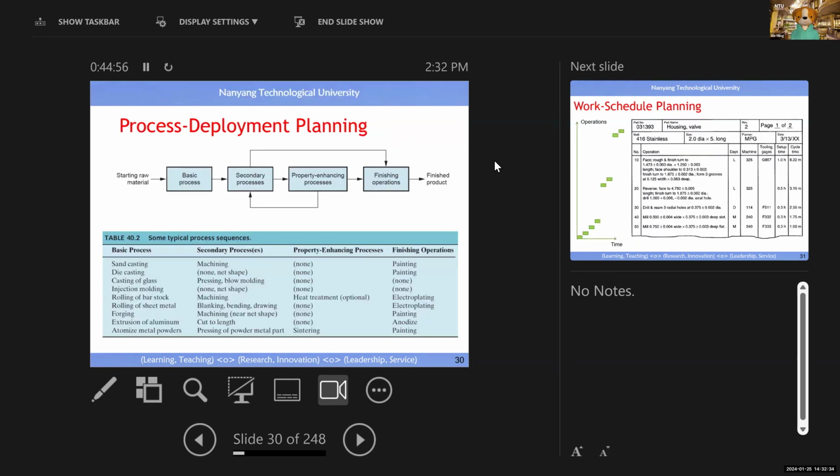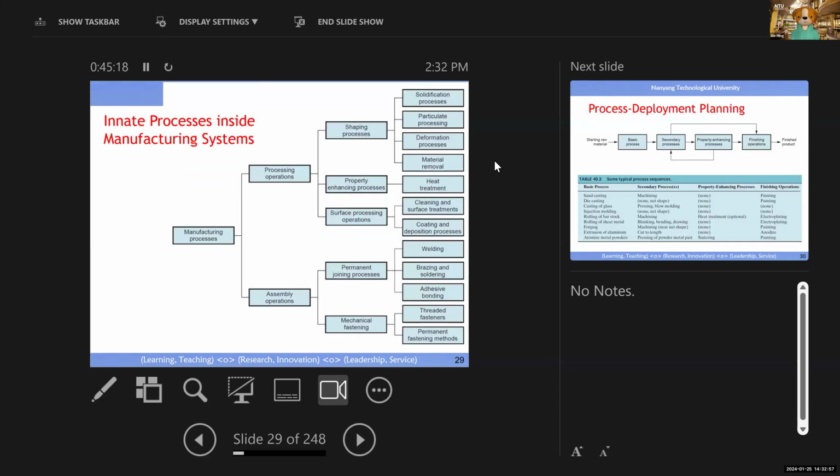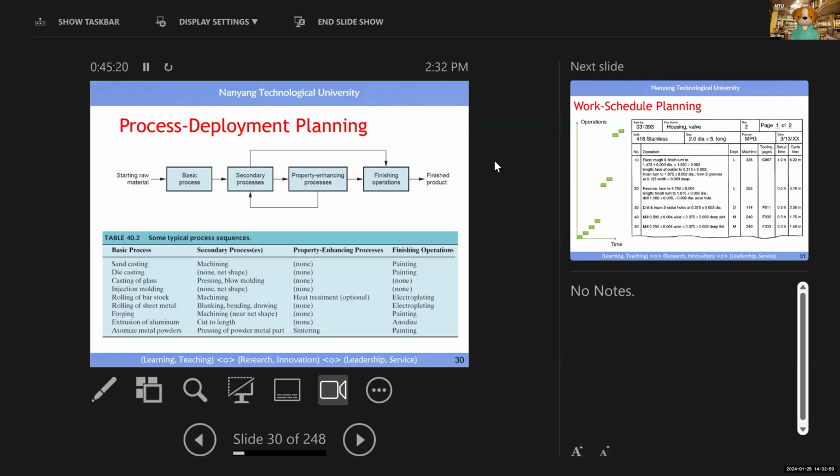Then once you plan the product making process, you will also need to know, for each product, because product making planning is to know on a daily basis how many parts to produce, right? Then for each part, you need to decide how many processes to use.